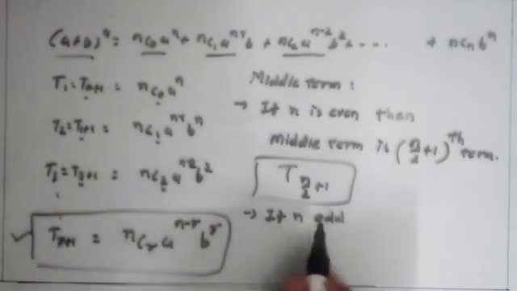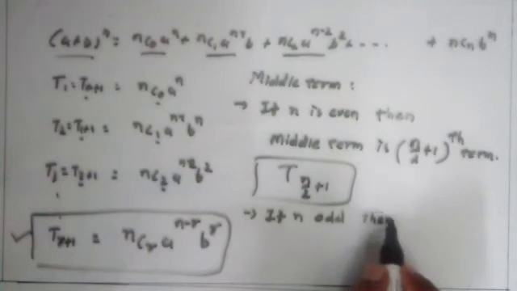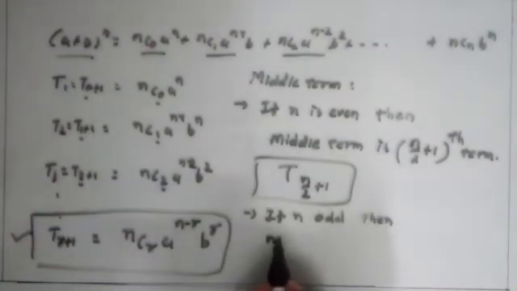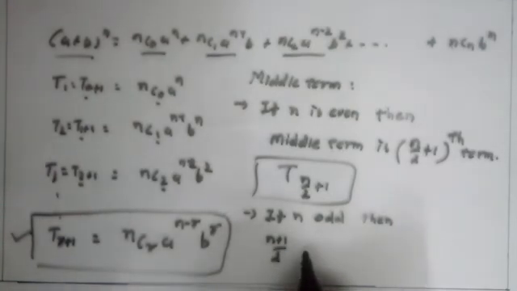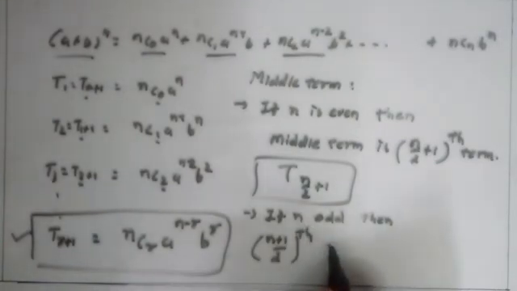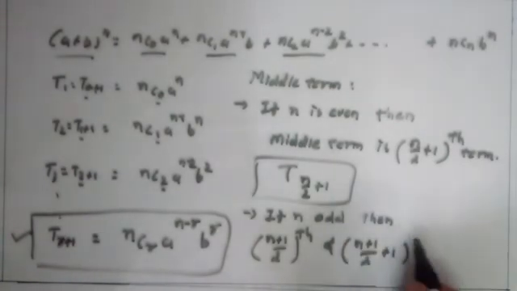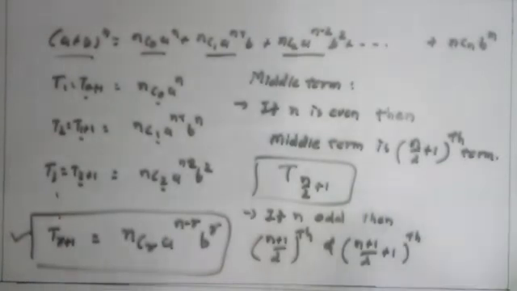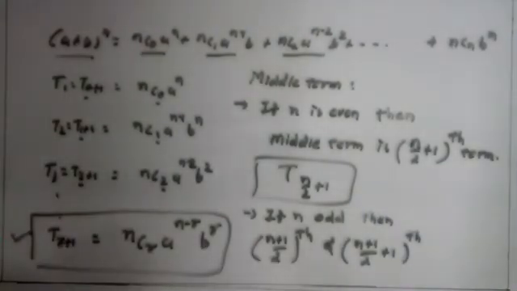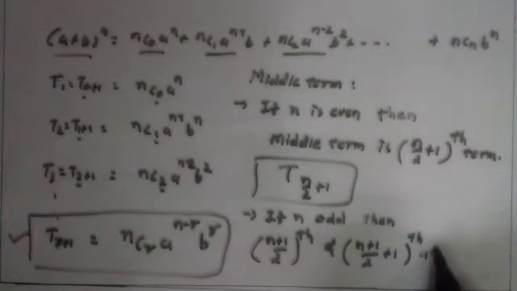So if n is odd, then the ((n+1)/2)th term and the ((n+1)/2 + 1)th term become the middle terms.